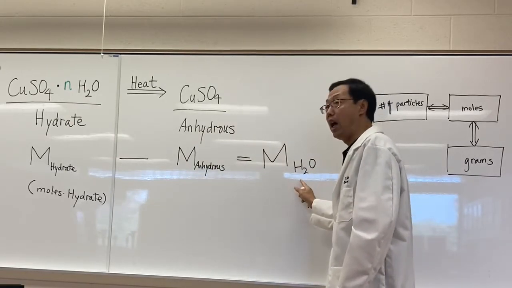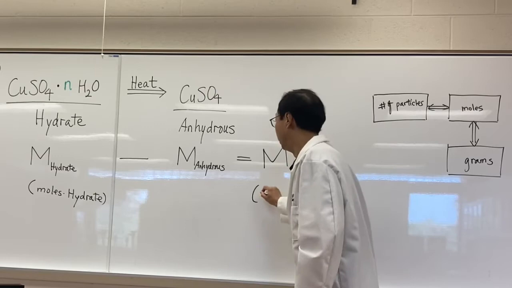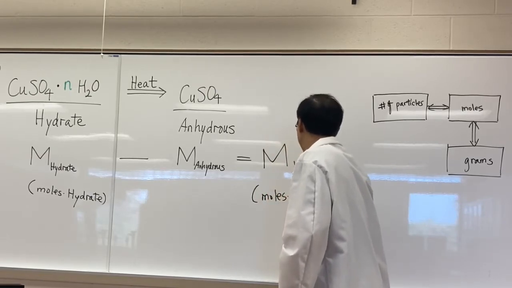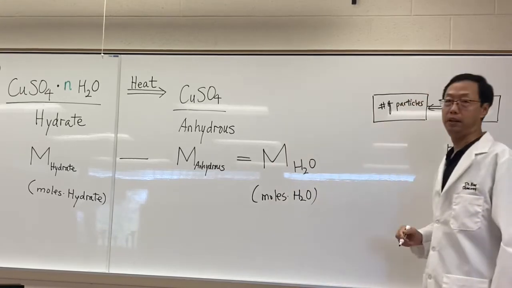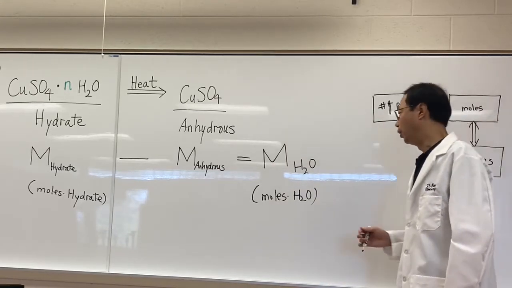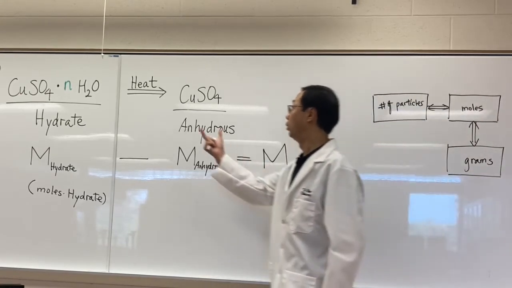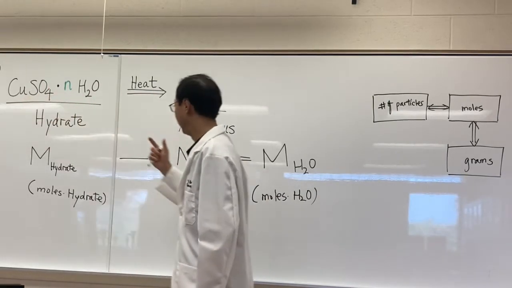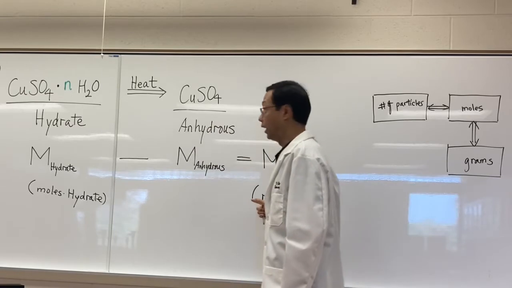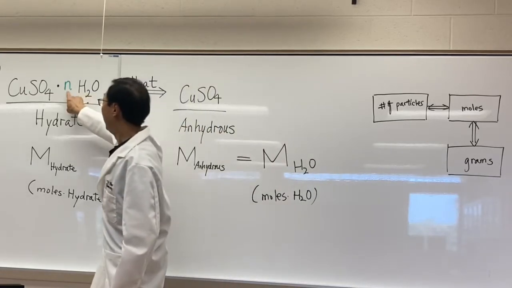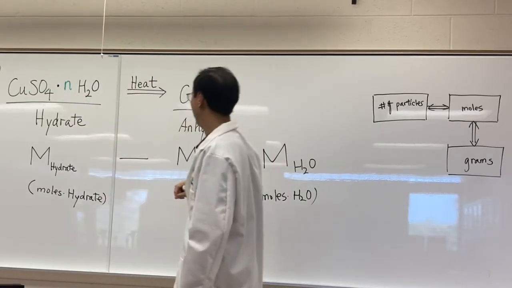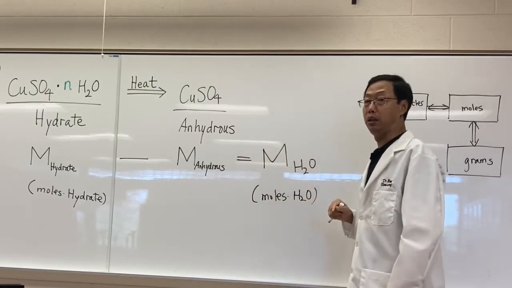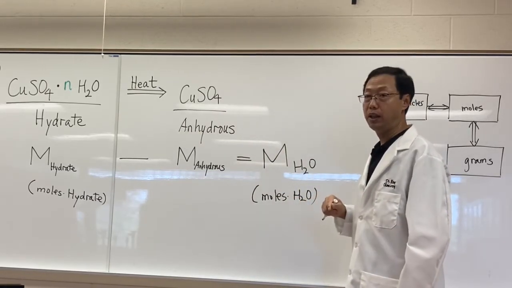Once you know the mass of water, you know the moles of water inside. Now you know the molar ratio between water and copper 2 sulfate. You decided the N in the formula. Okay, so that's basically the back-end chemistry inside this lab.